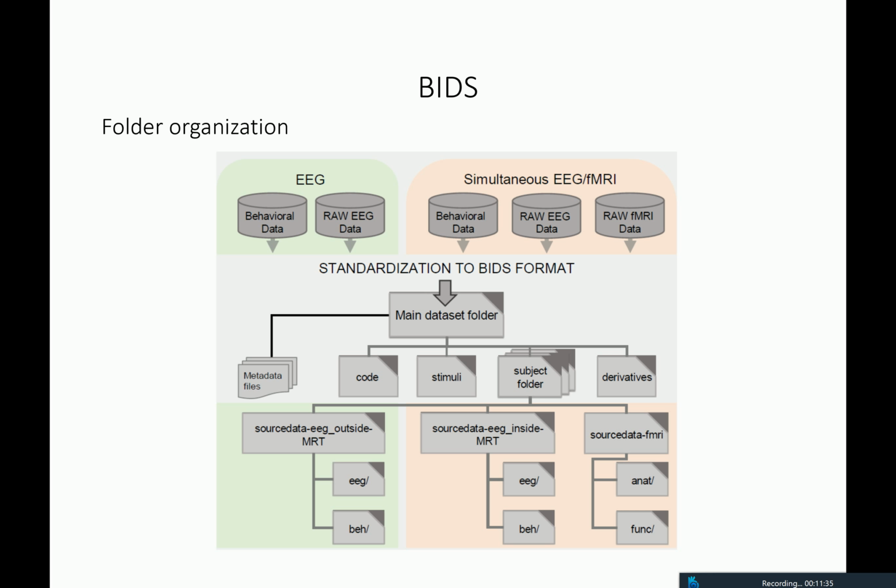So it requires you to say certain things and number things, for example, but it doesn't say how exactly you should do it. For example, if you have data from a certain task, it doesn't say your task can only have in the abbreviation 3 letters, and one of them needs to be a capital or something. You have quite some freedom. But it forces you to have this overall structure, which you might have had anyway. And then in terms of the file naming and stuff, it's quite relaxed.